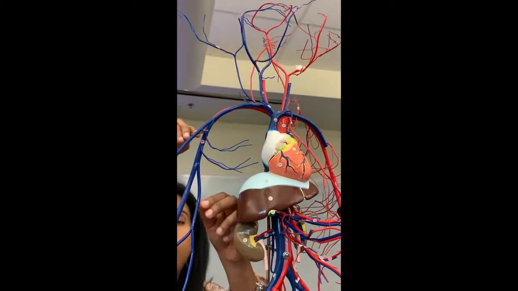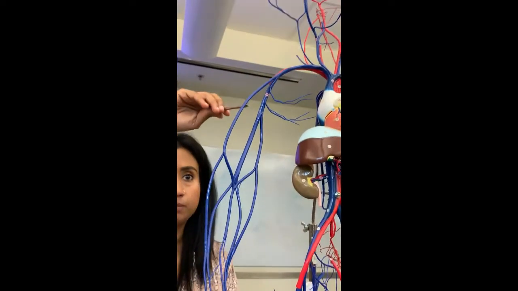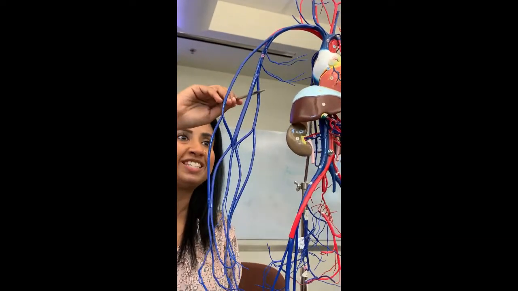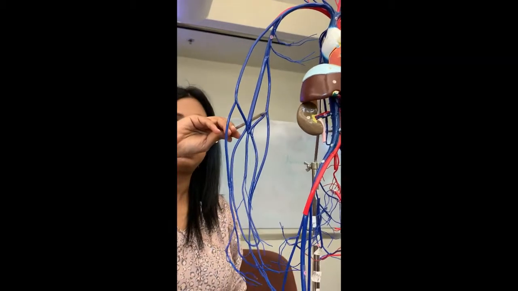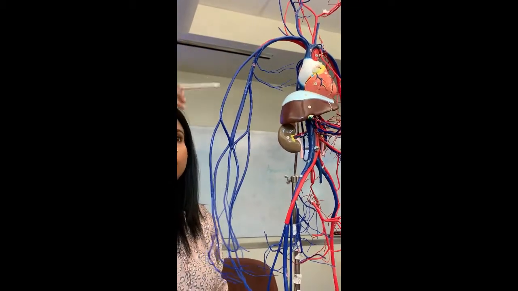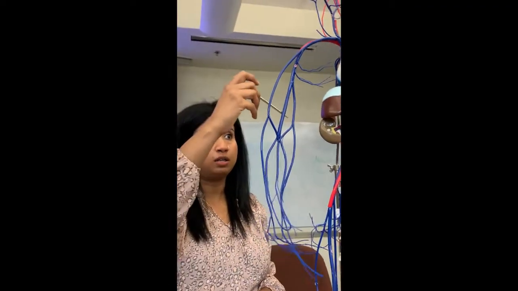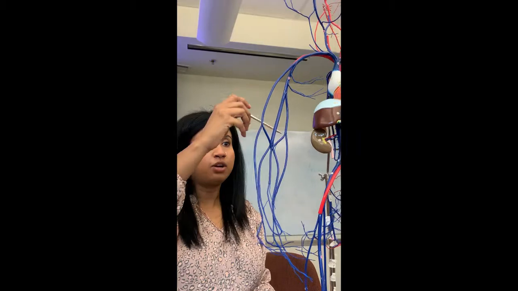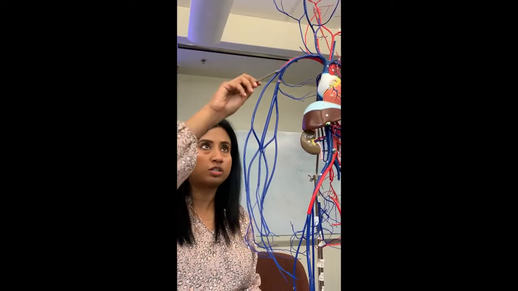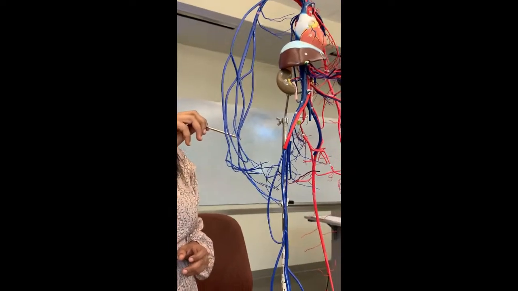Now in the arm, this is the cephalic vein. This is the basilic vein. Cephalic on the outside, basilic, and the one right in the middle is the brachial vein. The cephalic goes all the way down, basilic goes all the way down too.